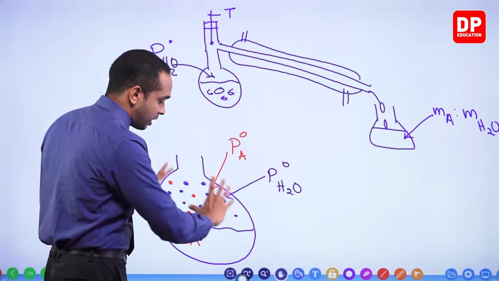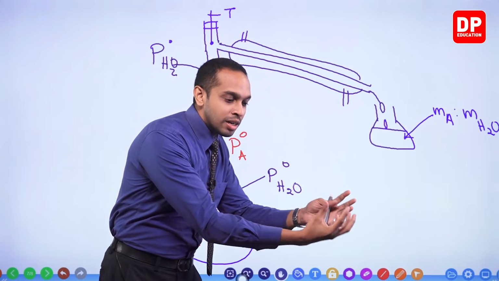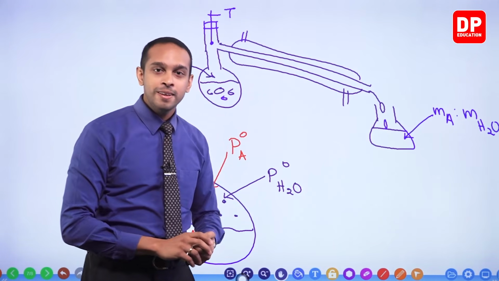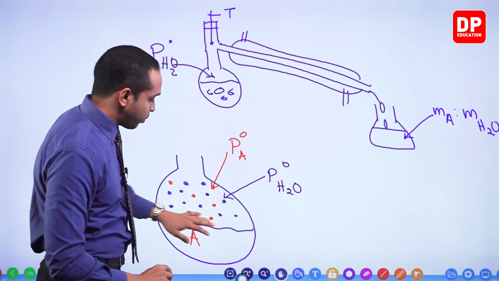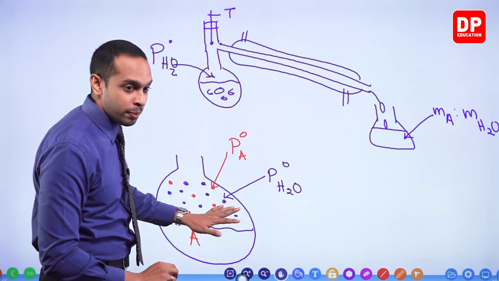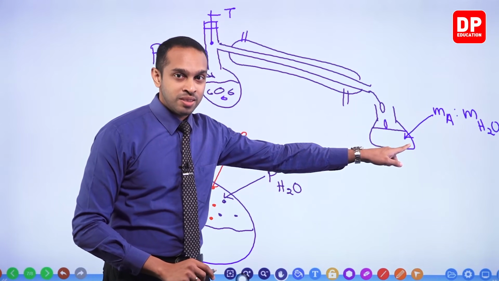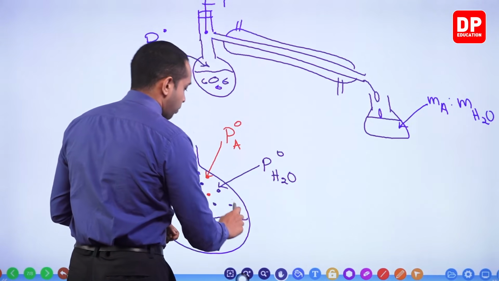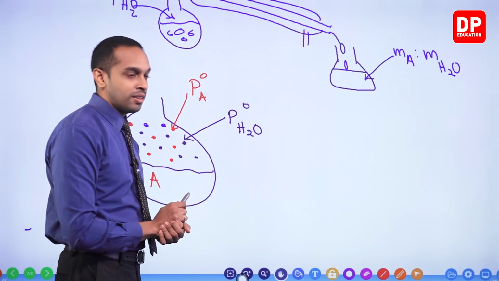Because we take this vapor, send it through the Liebig condenser and turn it into a liquid. So it's the same vapor that turns into a liquid. Therefore, students, if you know the composition of this vapor, you know the composition of this liquid, right?